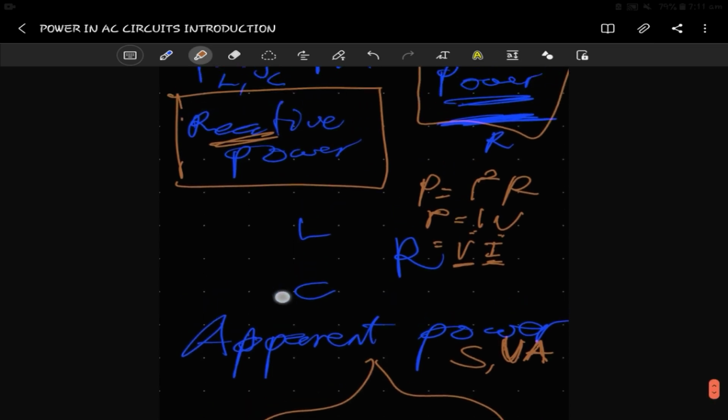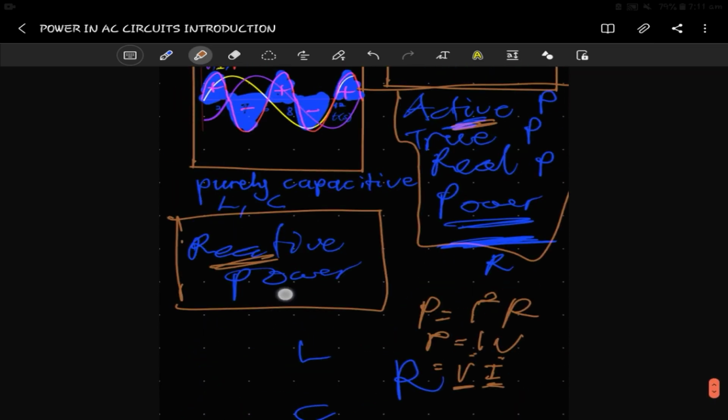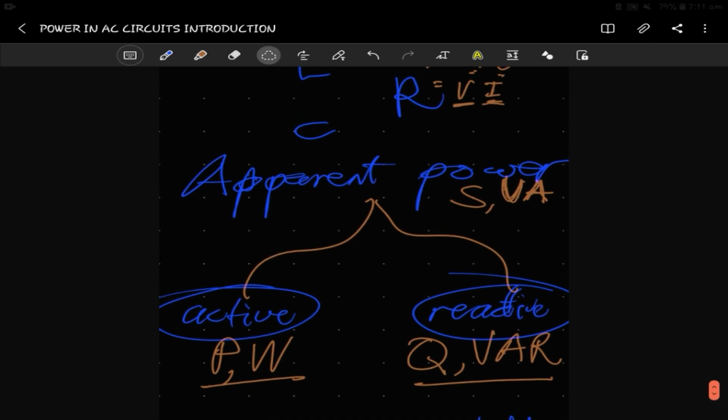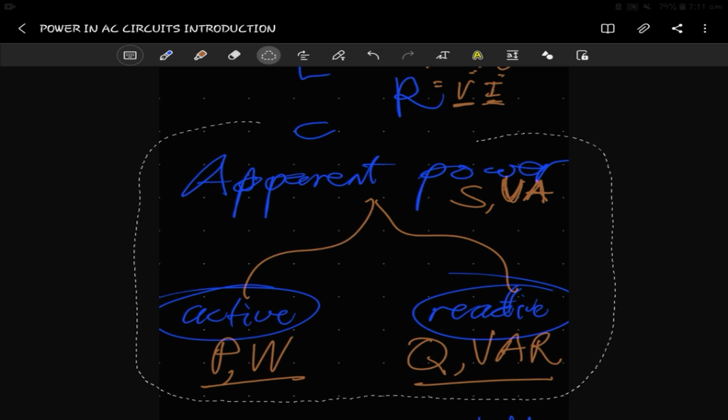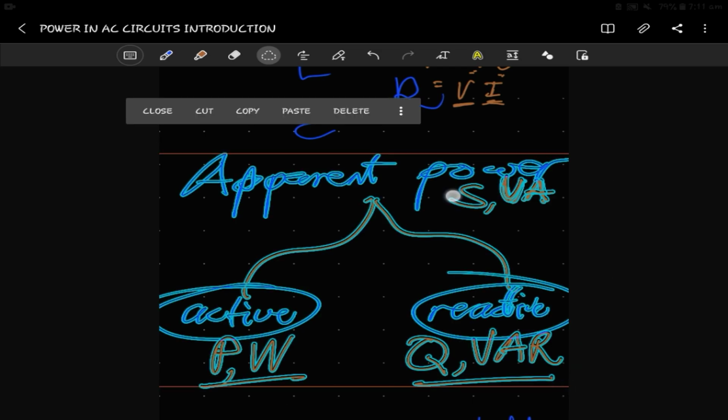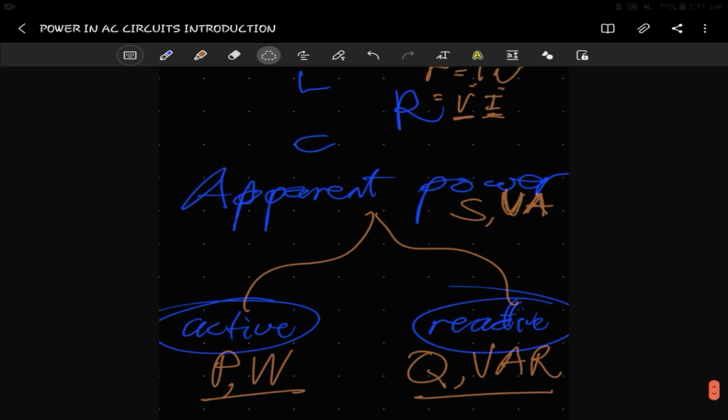All right, so now that we have all this understanding, another thing that we must notice is that we've seen clearly that these are related.